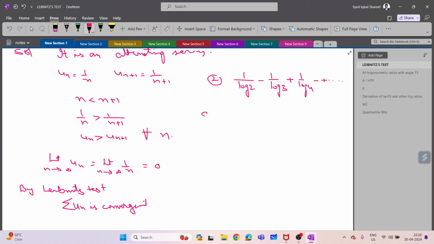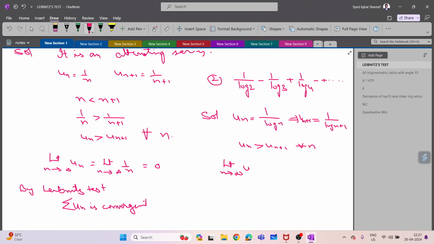So what is our un? un equals 1 by log n. So what will be un plus 1? 1 by log of n plus 1. So un is greater than un plus 1 for all values of n.